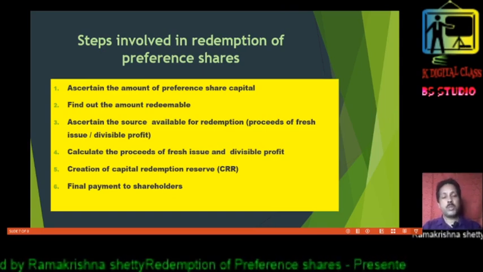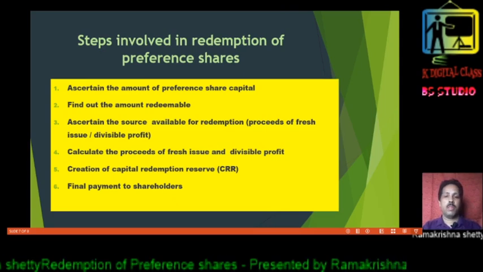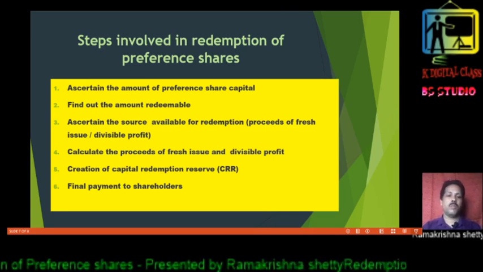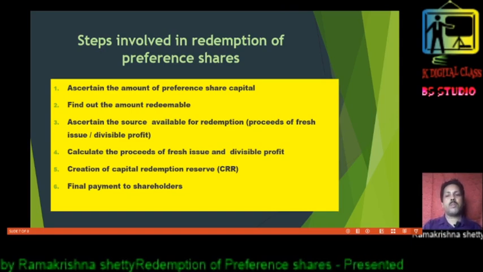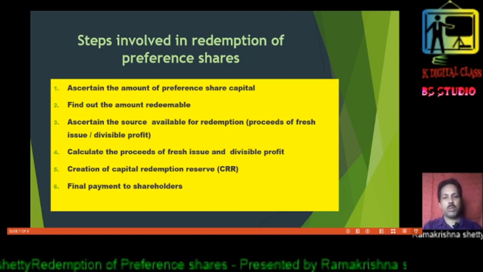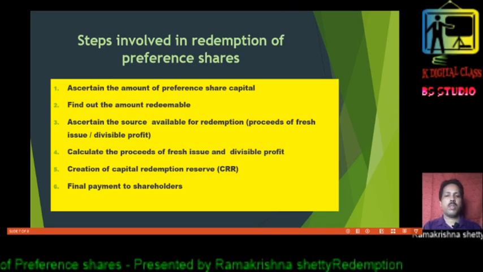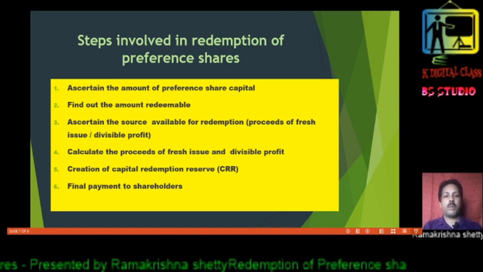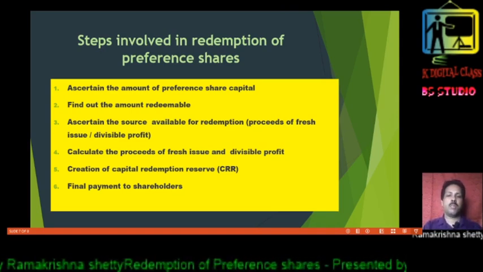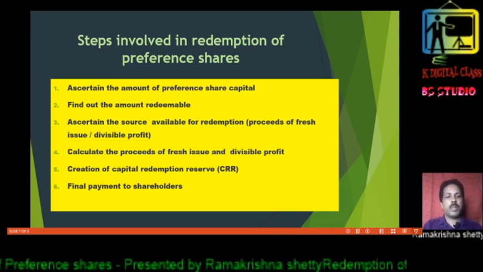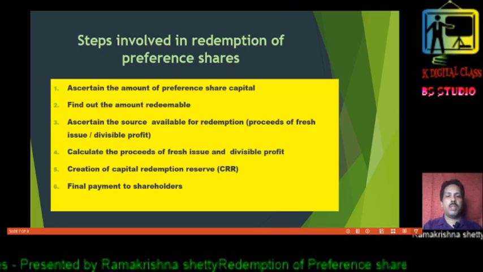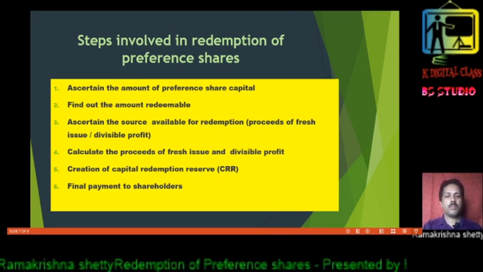If the shares are issued at premium, then the premium amount should not be considered for proceeds of fresh issue. And divisible profit is to be calculated. It may be profit and loss account, general reserve, or any other fund, the total amount available in the divisible profit account.